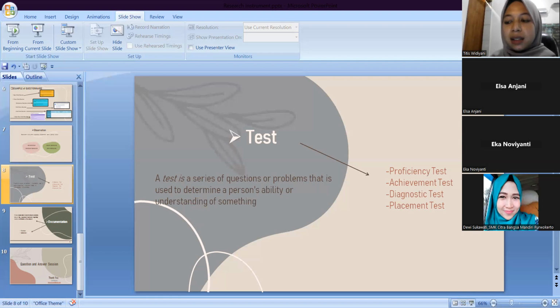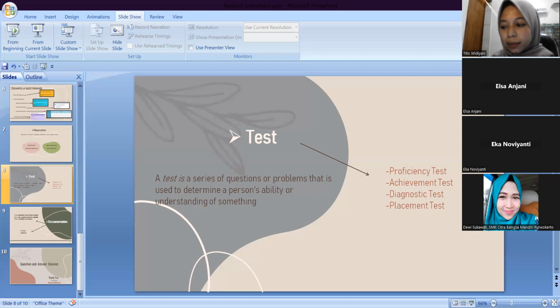And then the diagnostic test is a kind of test that is used to help diagnose some disease or condition. It is usually used in medical tests. And then the fourth is the placement test.